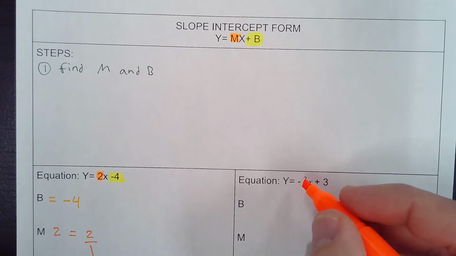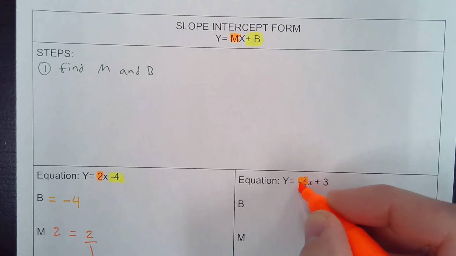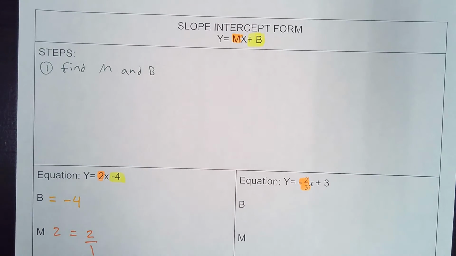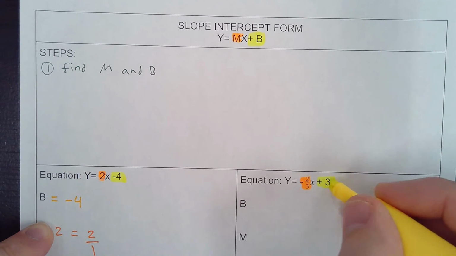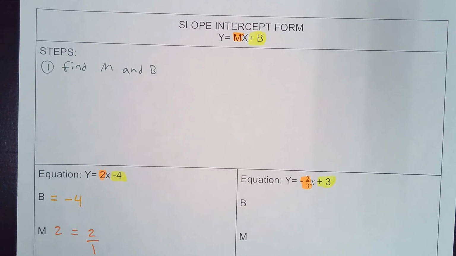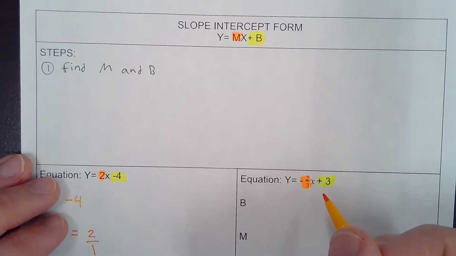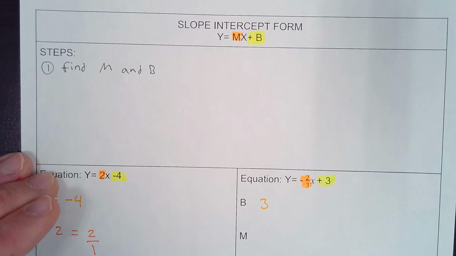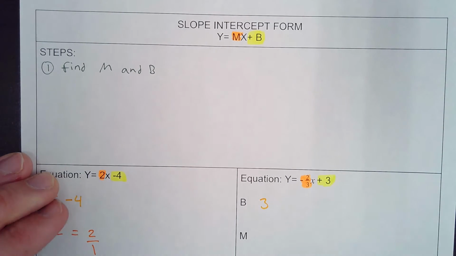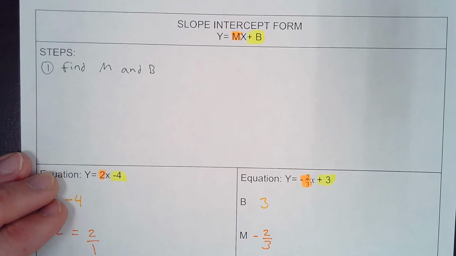M is the coefficient of your x here, and b is the constant, or the number that doesn't have the x with it. So in this one problem, b is 3, and m is -2/3. That one's already a fraction.